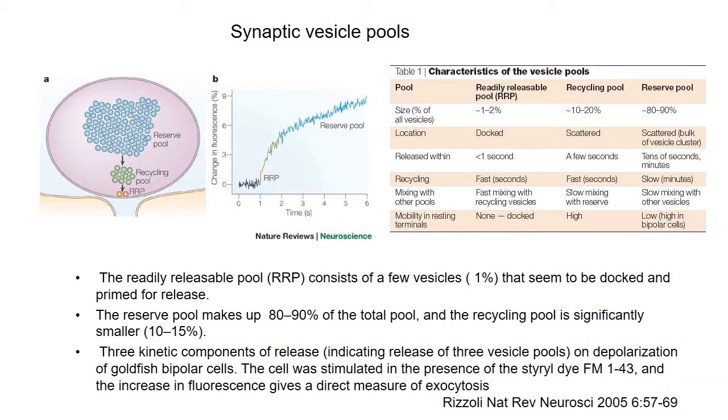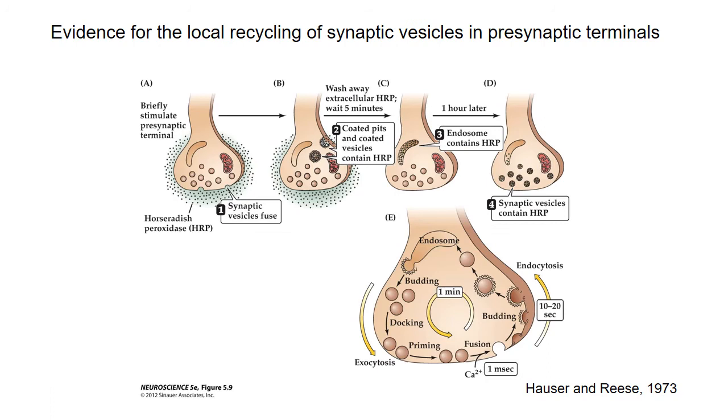So how are they recycled? The first evidence for recycling came actually not from the methods that we talked about, which you can now do much better. This was in 1973, when they didn't use these FM dyes as much. What they used was the enzyme horseradish peroxidase that they would put in a bath solution. They would stimulate the presynaptic terminal to release the vesicles, and then this enzyme would also be picked up in the vesicles.